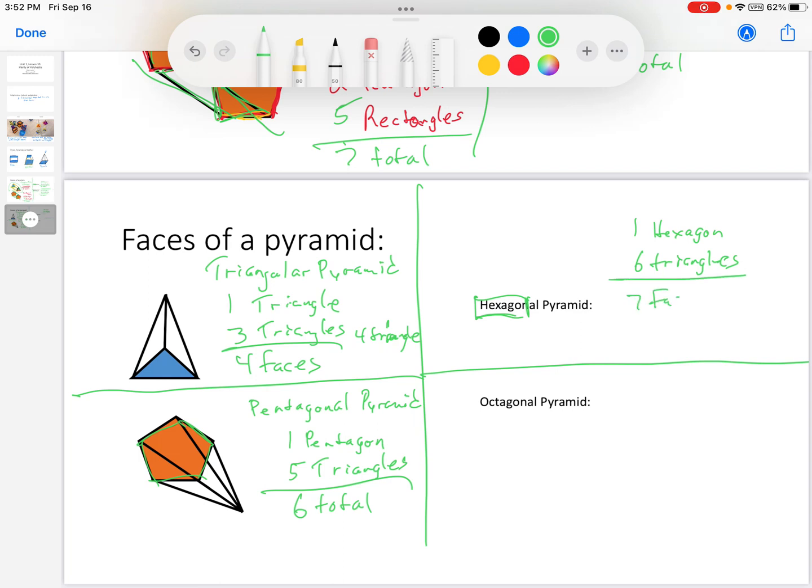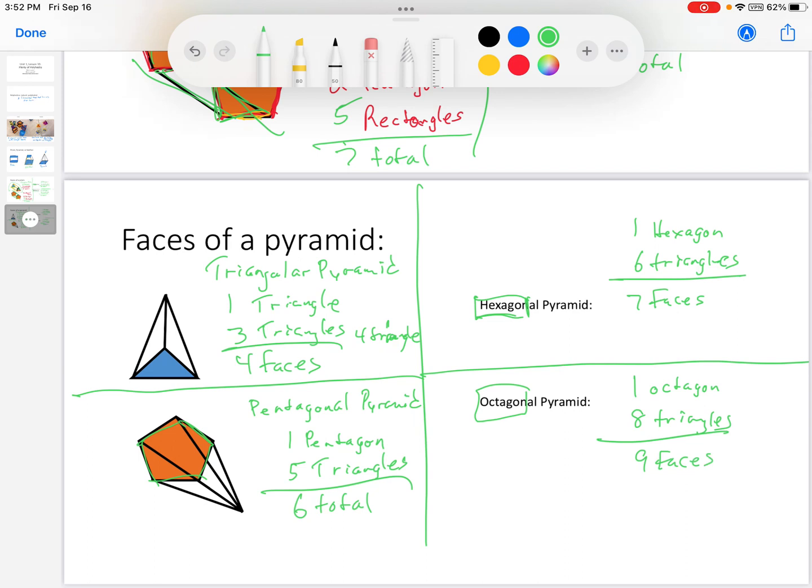That's 7 faces total. Octagonal pyramid. I'll give you a moment, figure it out for yourself. Okay, moment's over. It will have 1 octagon, and it will have 8 triangles for a total of 9 faces.